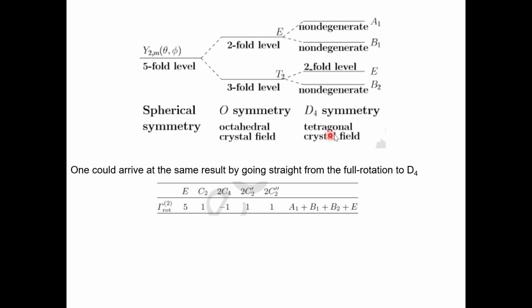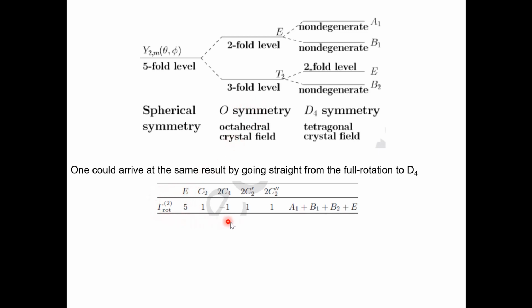All right, so these are the levels that I get from going from the spherical to O to D4. I could arrive at the same result if I went straight from spherical symmetry to D4, right? Just as I went from spherical to O, I could as well go from spherical to D4 straight without going to O symmetry first.